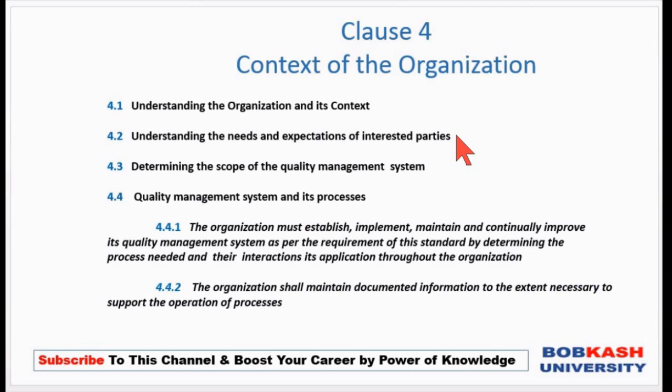We will see in a short while what you mean by interested parties. 4.3 is determining the scope of the quality management system. 4.4 is quality management system and its processes.